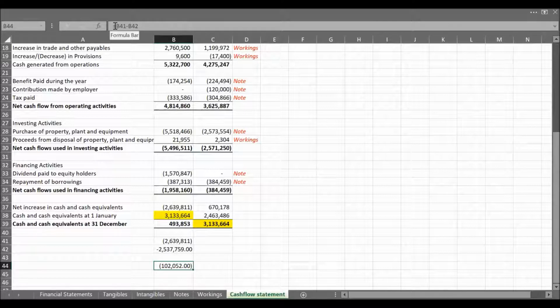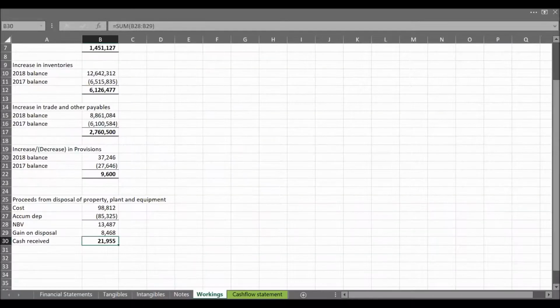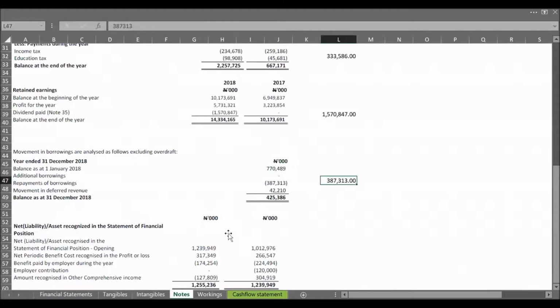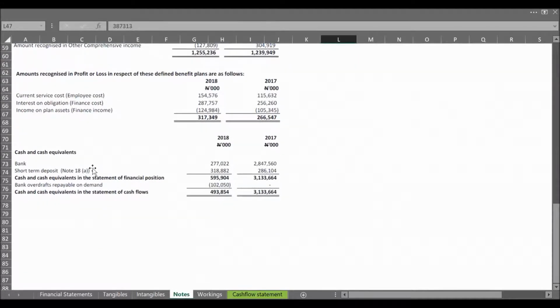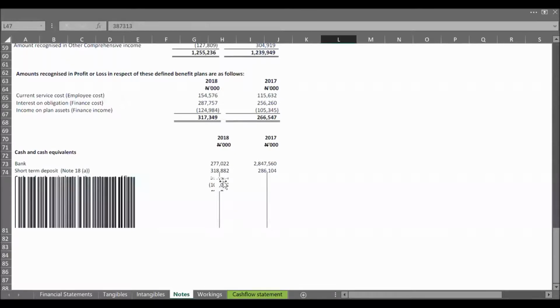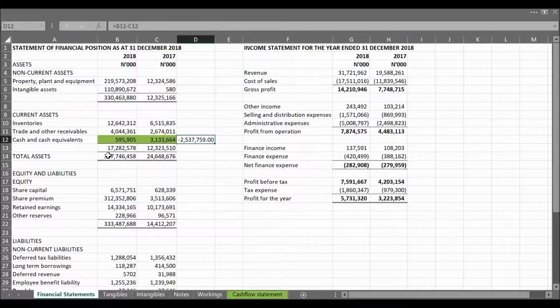So 102,052 represents a bank overdraft that was taken by the company during the year. You can see that in our notes on cash and cash equivalents. This is the bank balance, or the cash and cash equivalent balance, which is 595,905, which is what we have on the statement of financial position.